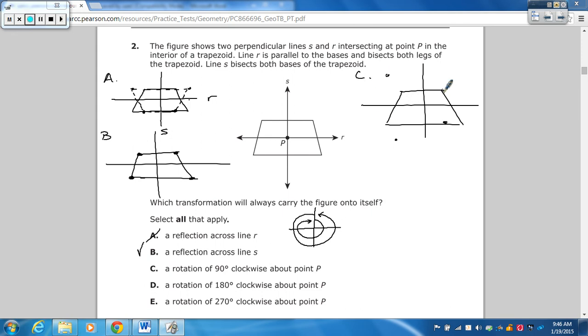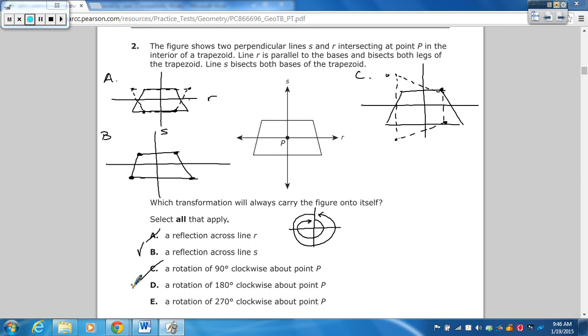And then this point rotates and comes over here, okay? So as a result, it should be up in there actually. That's the new image, 90 degrees clockwise. Is it mapped onto the original image? No, it's not. So as a result, this is not a possible answer for the problem.